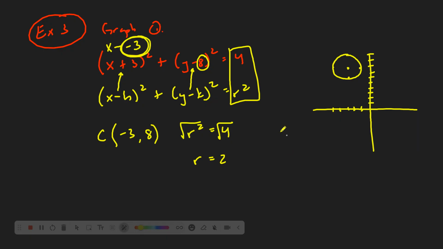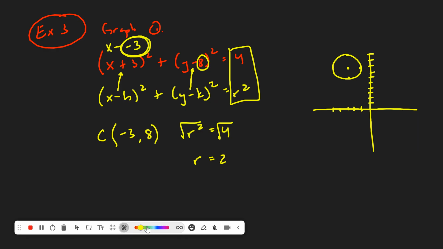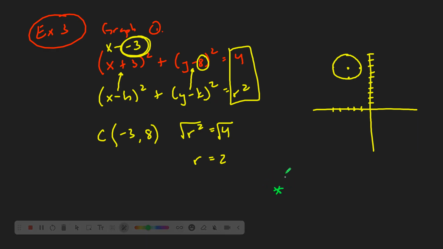Now I want to show you two things. I'm going to come back to this in a second. I want to make a special note down here in green. Special note: if your equation has no parentheses, so x² + y² = r², what this means is that it's really (x - 0)² + (y - 0)², which means that your h and your k are really 0 and 0.